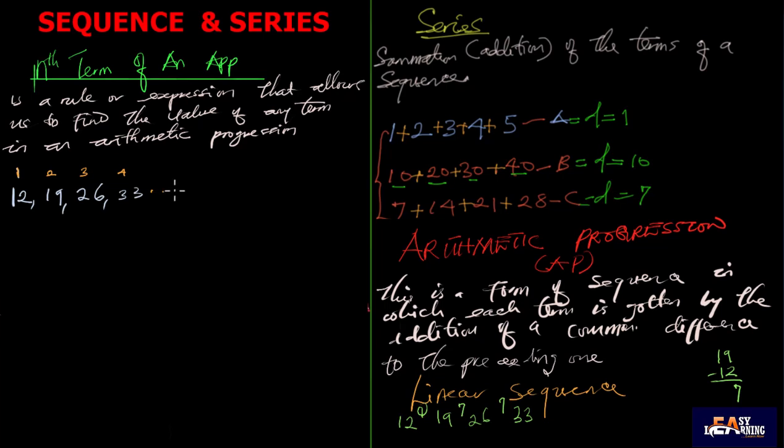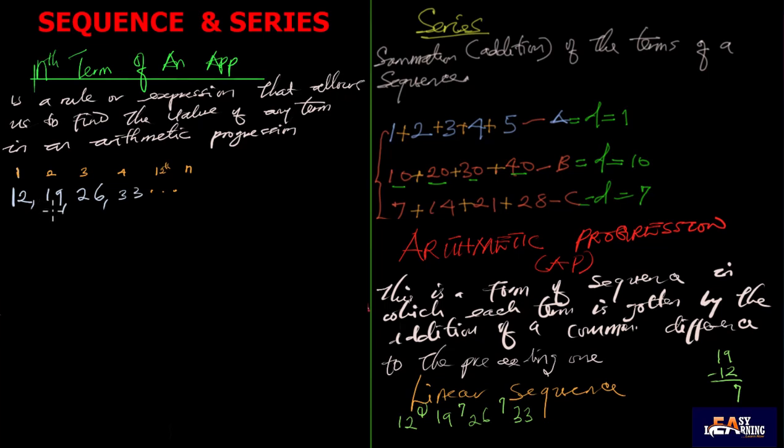It continues till the nth term. So in between these, you could be asked to find the 12th term, and it will be so tiring for you to be adding up.